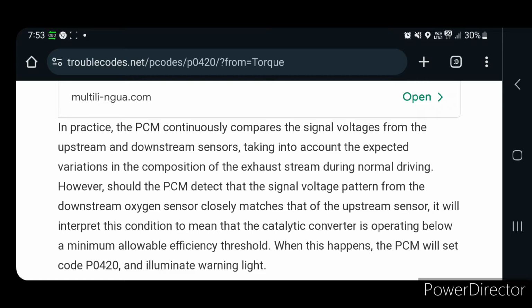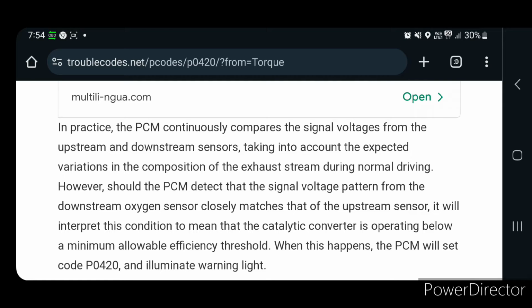What the ECM wants to see is a lean emission coming out from the catalytic converter. The purpose of the catalytic converter is to break down all those harmful gases that were not burned completely during the combustion process in the engine.